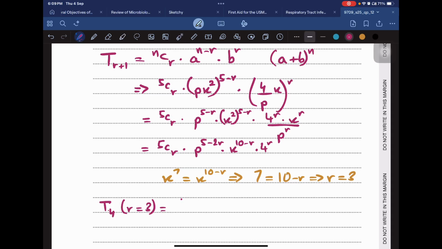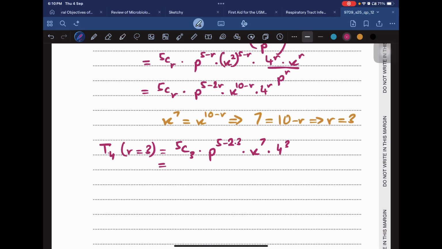So we have 5c3 times p to the power 5 minus 2 times 3. Okay, this dot represents multiplication. Then we have x to the power 10 minus 3, which becomes 7, times 4 to the power of 3.